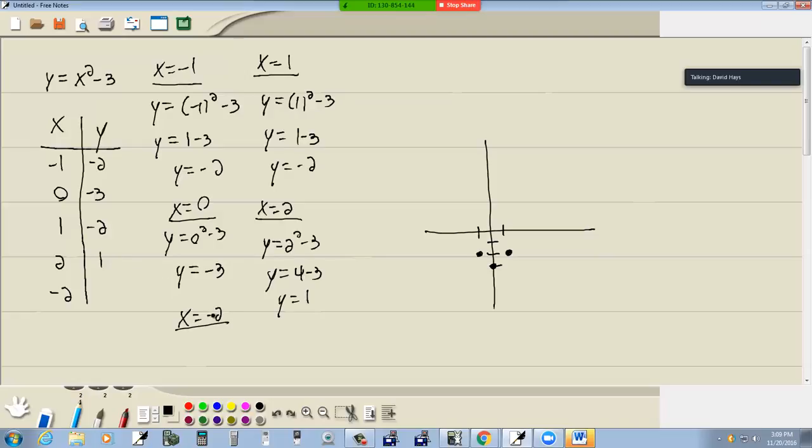Now if I plug in negative 2, I'm going to have y is equal to negative 2 squared minus 3, which is 4 minus 3, or 1. Okay, so we've got 2, 1, and we've got negative 2, 1.